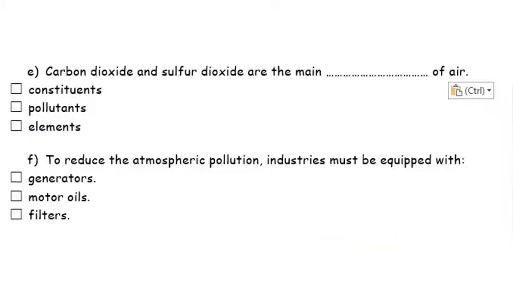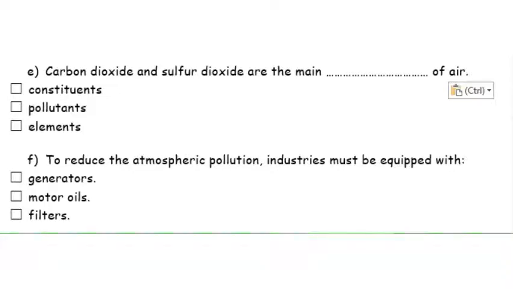Carbon dioxide and sulfur dioxide are the main what of the air? Are they constituents of the air, pollutants of the air, or elements of the air? Let's think about these two gases. Are they essential and important, or will a high amount of them in the air pollute the air?